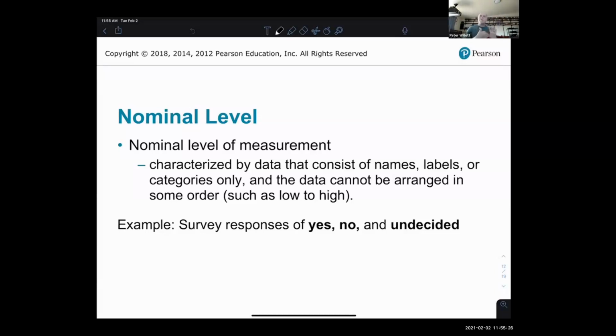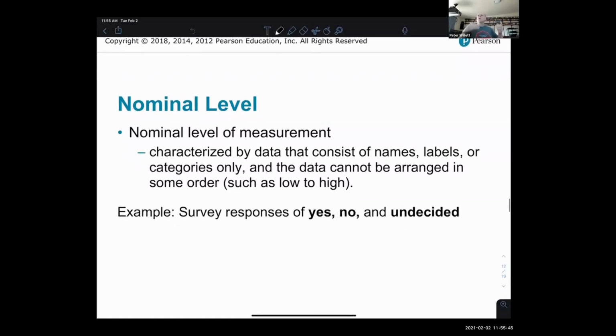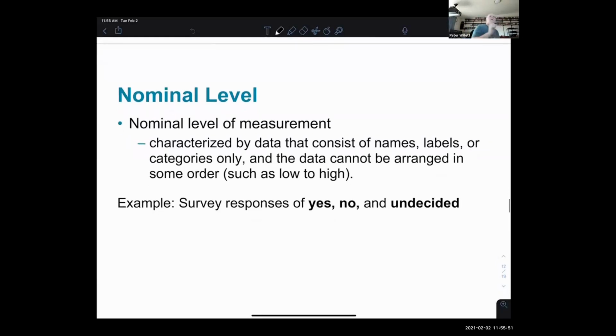Even though that number doesn't measure an amount of something, it is a type of label that can be ordered. Therefore, it is not nominal, because nominal cannot be arranged in some natural order. Obviously, you could always put anything in a particular order if you wanted to, but by the nature of the type of data, that's not a natural thing.